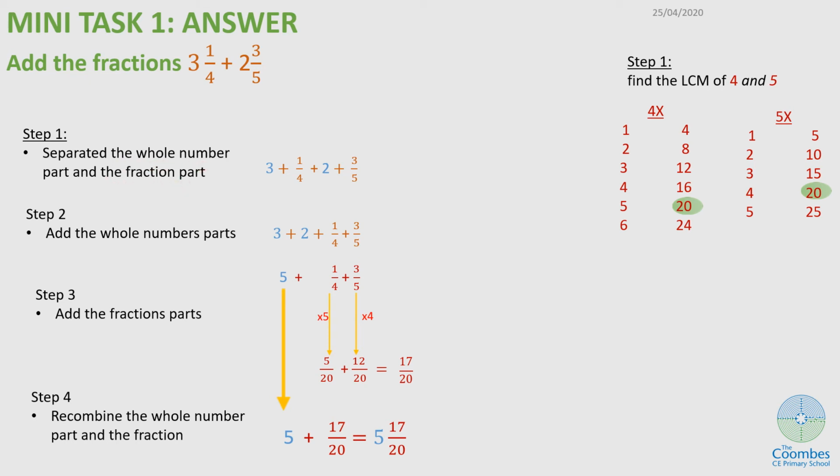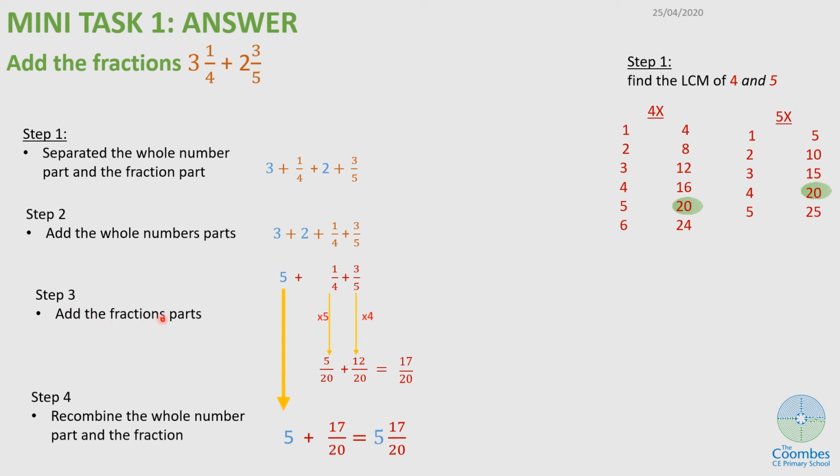So I can see 3 1/4 has 3 whole and then 1/4. And then 2 3/5 will have 2 whole and then 3/5. Next step is to add the whole number parts. So if I add 3 to 2, I'm going to get 5.